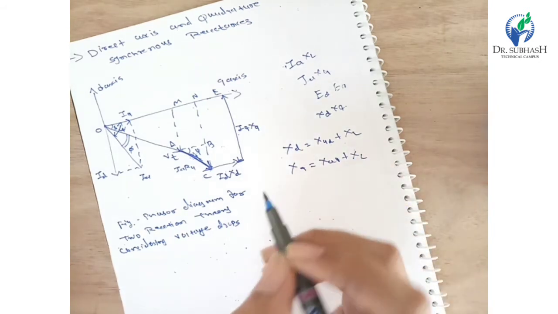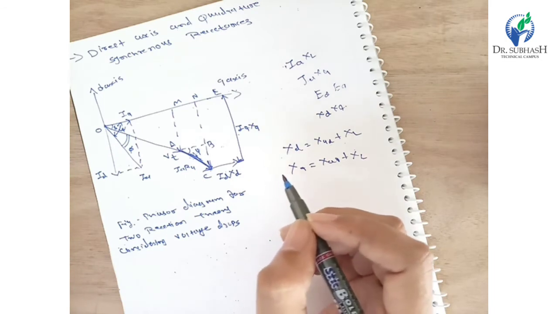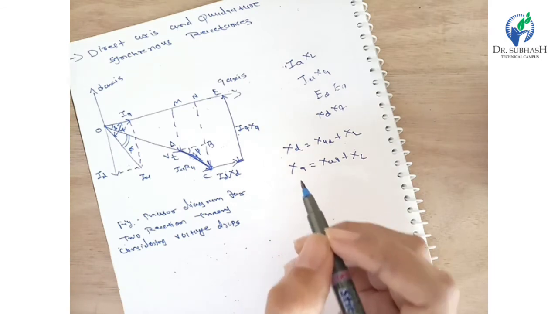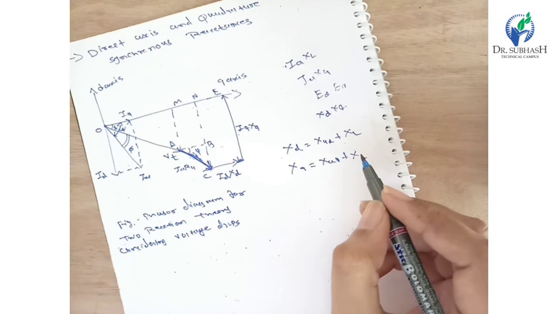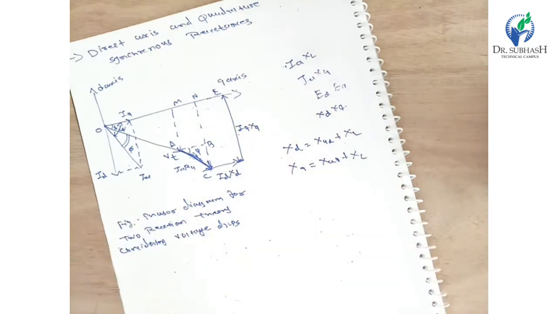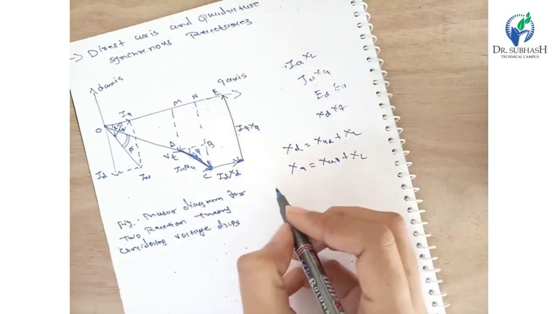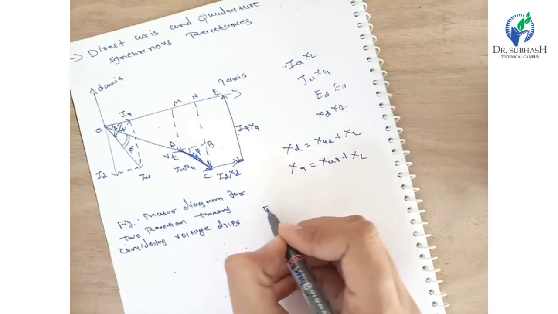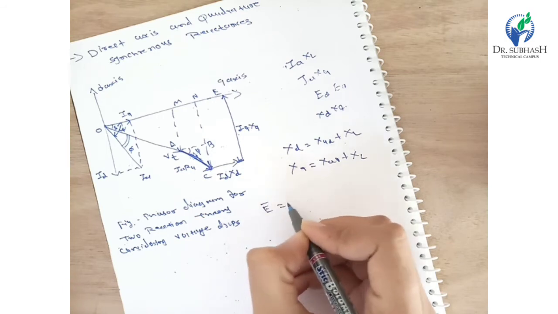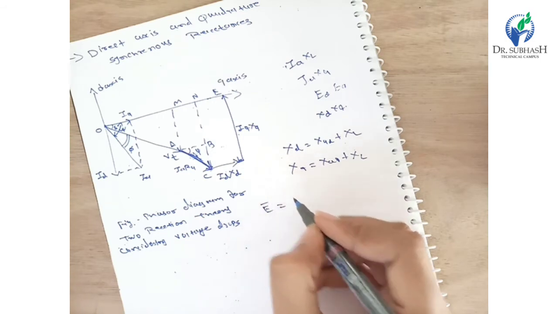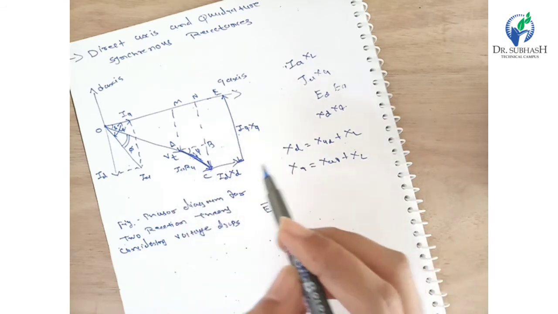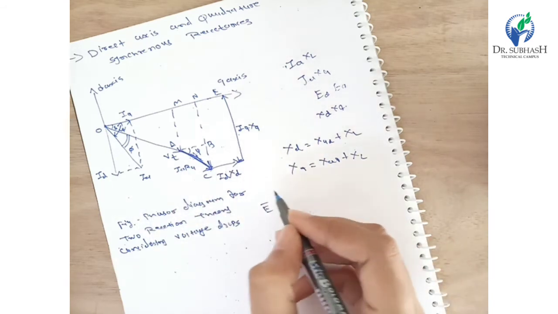The EMF E will be obtained by adding all the voltage drops to the terminal voltage Vt. For the EMF, we write E bar, which is positive, so there is no negative value.